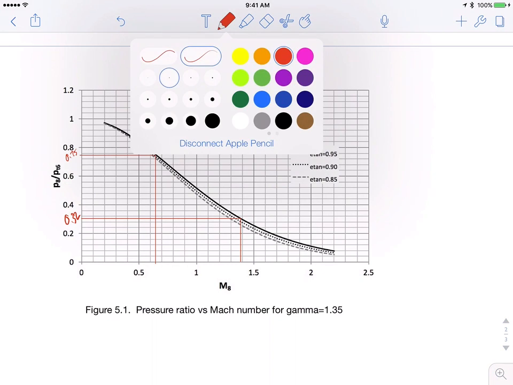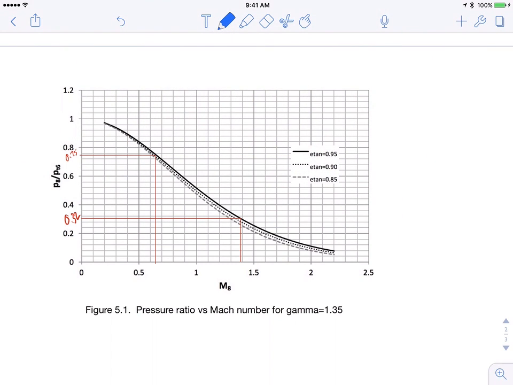And we'll see if we were to evaluate our ratio there based on the Mach numbers we calculated iteratively above, we would get P8 over PT6 is going to be equal to 0.754 for the subsonic case, and the supersonic case is going to be equal to P8 over PT6 is equal to 0.32.